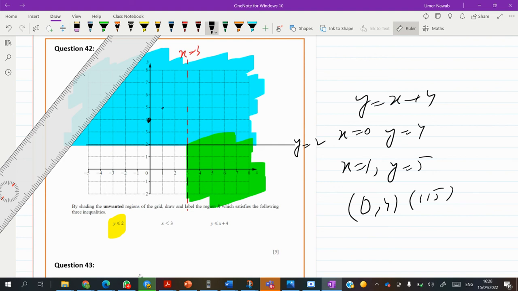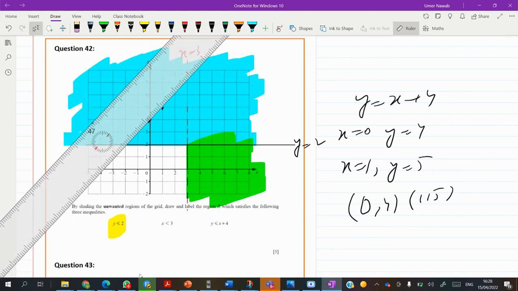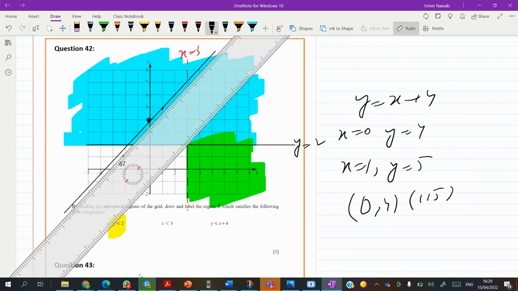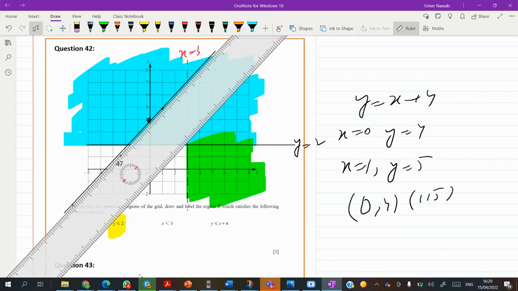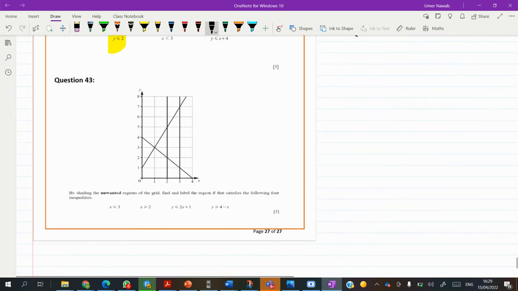Is it? Yeah. So draw the line. Okay, they said less than or equal to means the below portion is wanted, the upper portion is unwanted. So we will shade this region. So you write here R. Last question, and we are done.